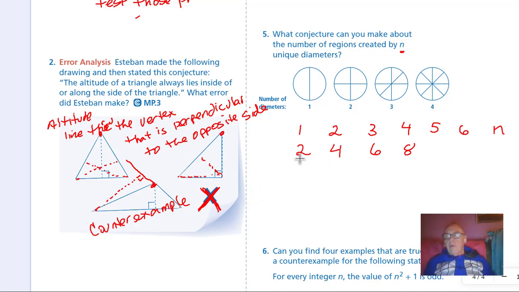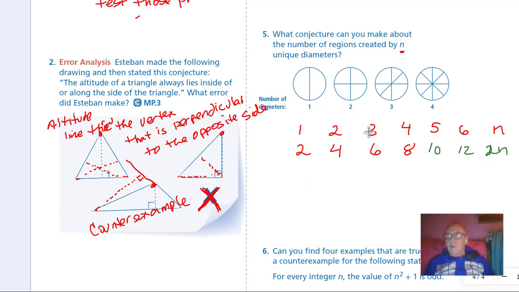So I can see a pattern right here. 1 times 2 is 2. 2 times 2 is 4. 3 times 2 is 6. 4 times 2 is 8. So I'm thinking 5 times 2 is 10. 6 times 2 is 12, and so on. And ultimately, 2 times n is going to be the rule that we have.